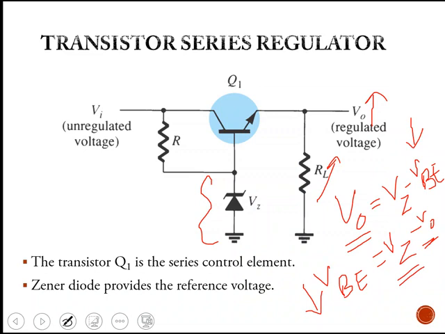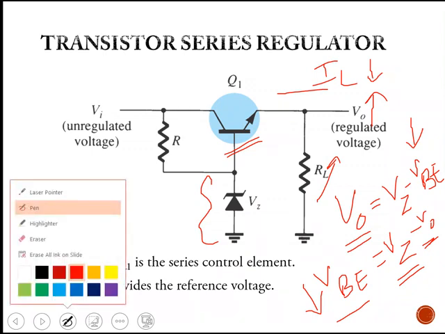If this VBE is decreased, then the conduction which takes place through this transistor will also reduce the load current. This is load current IL. So it will reduce the load current IL. This in turn will try to adjust the output voltage constant.